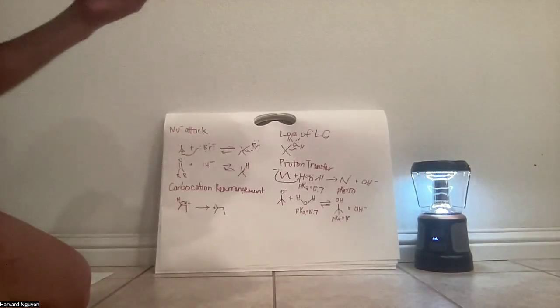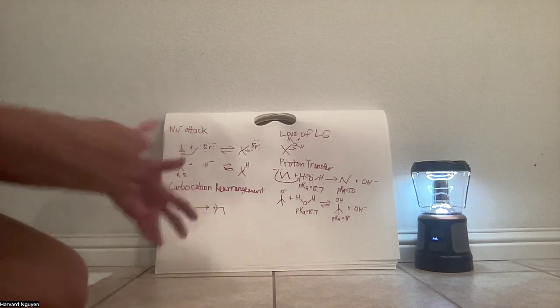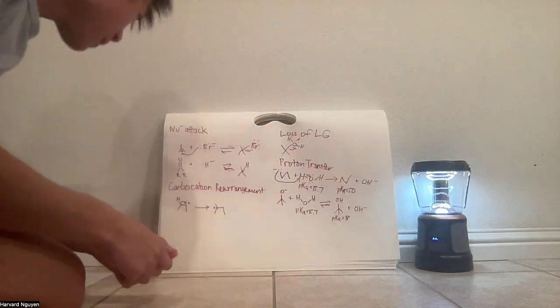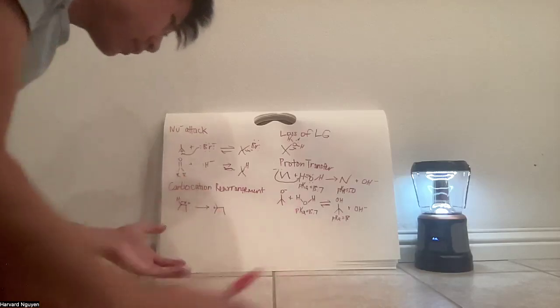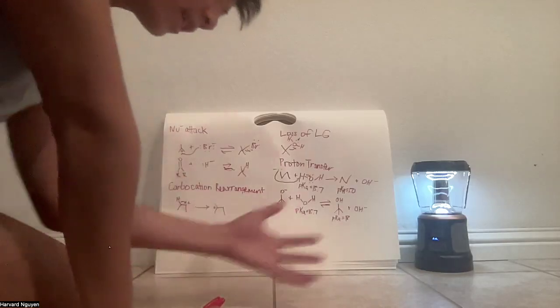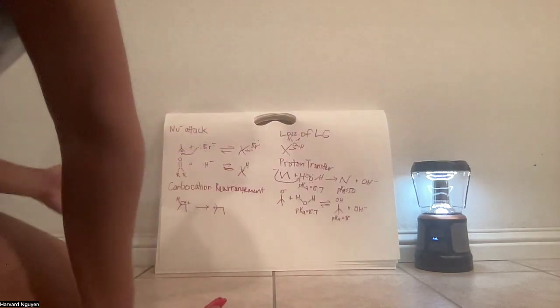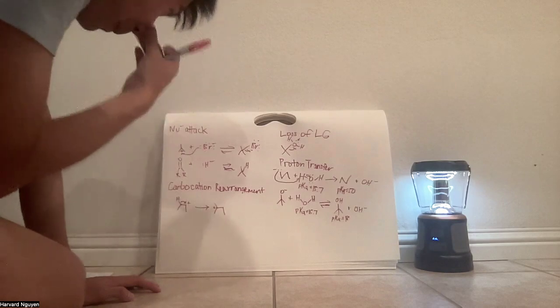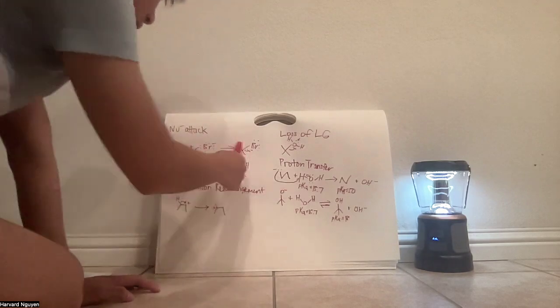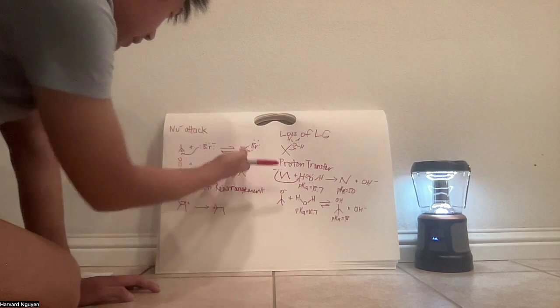When it comes to nucleophilic attack, how you know if a reaction is reversible or irreversible is based on whether, when the nucleophile attacks, it can create a good leaving group. So let's say, for example, we had a structure like this, and then we had bromine attack. Well, bromine's a good leaving group. So that's why it is reversible.